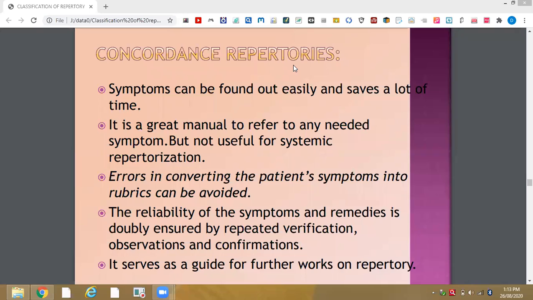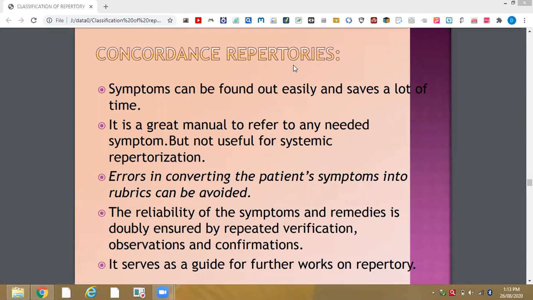So we do not have to convert the patient's language into the repertorial language, that is, in the form of rubric. To find the symptoms in the form of rubric, there may be errors and many difficulties in finding the rubrics, so it can be avoided.